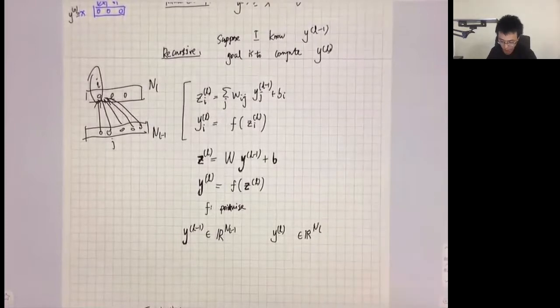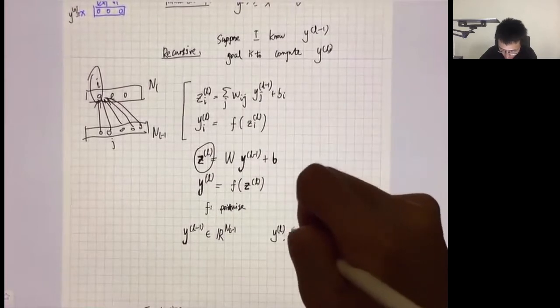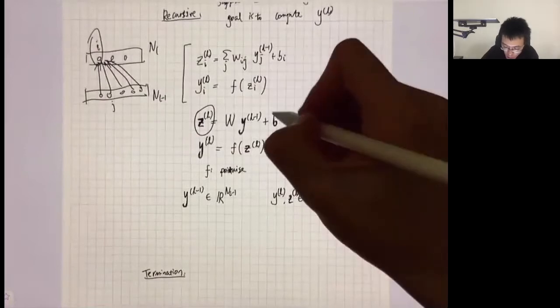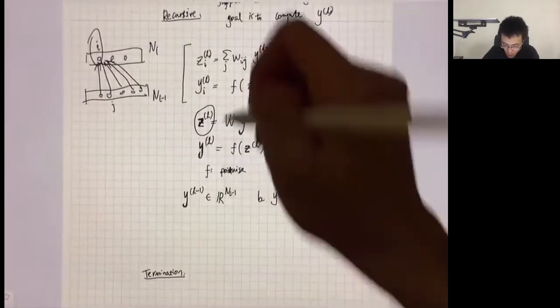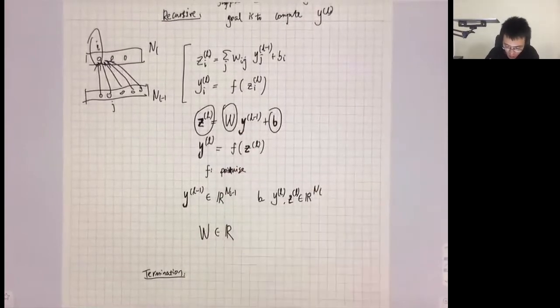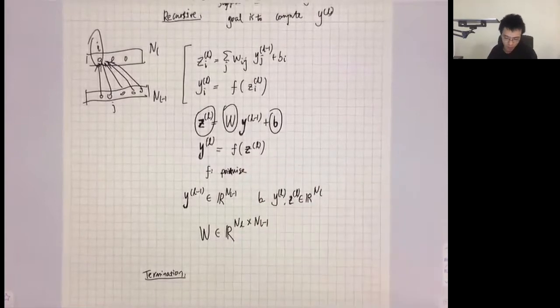And similarly, Z has the same shape as Y, right? And B, of course, has the same shape as Y and Z. And W is actually a matrix, and it's the upper layer times the lower layer, so it's NL times NL minus 1.